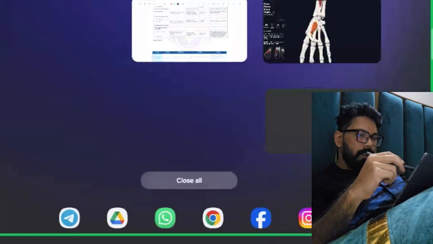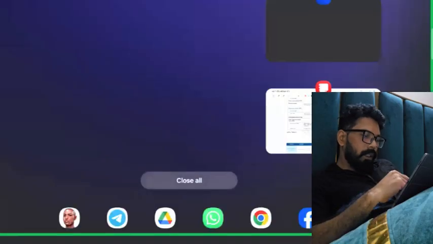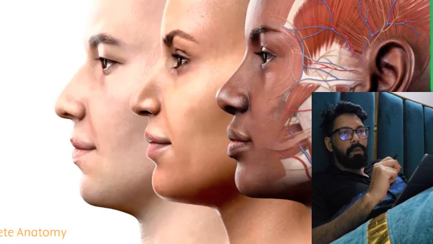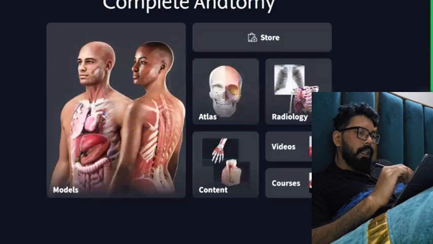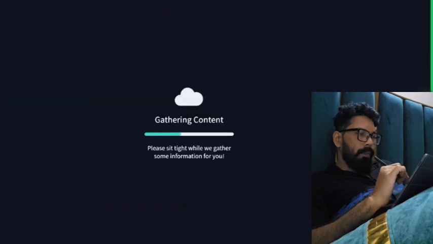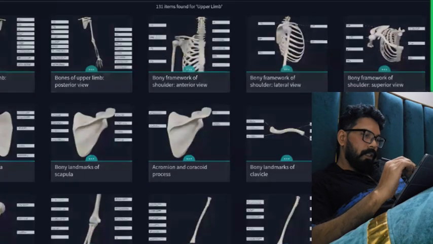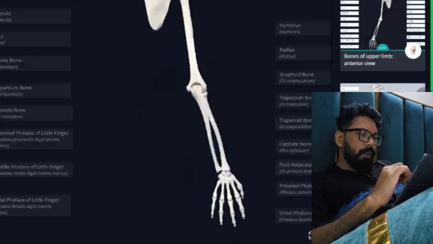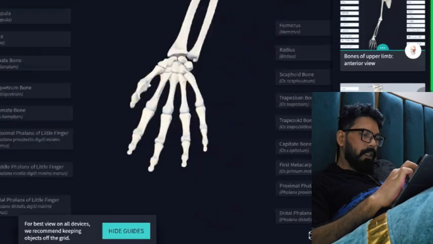Give me a moment, guys. It's just so irritating. Why is this happening? Just today, I have recommended two or three people about Complete Anatomy, and Complete Anatomy is not performing completely today. This is very disappointing, and I really don't know what to do because I've been using it for 2 3 years and it hasn't been like this.